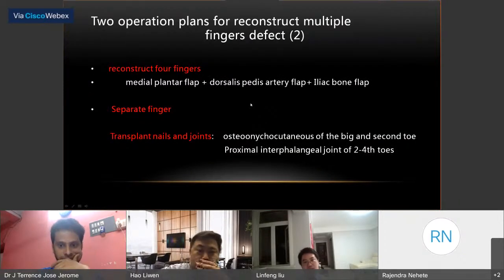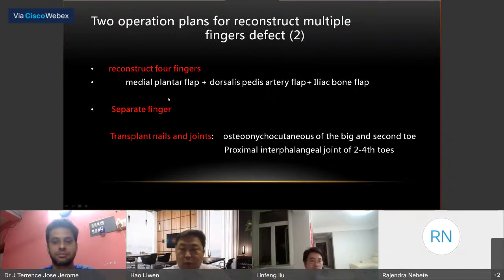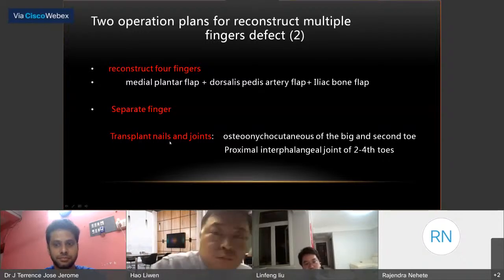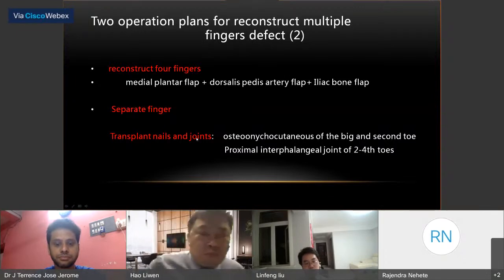The other plan is that in the first stage, we reconstruct four fingers, and then separate the fingers. Next, we transplant the layers and joints.